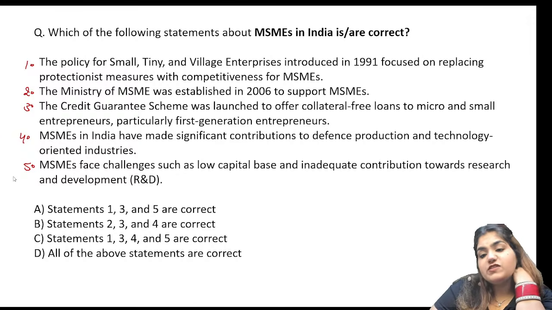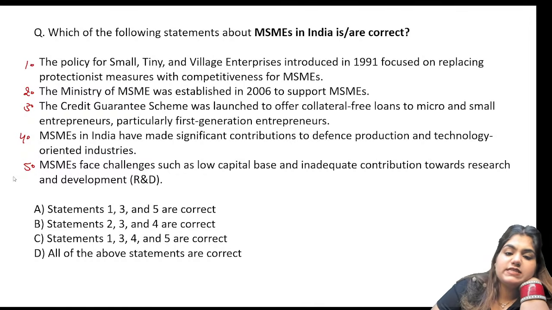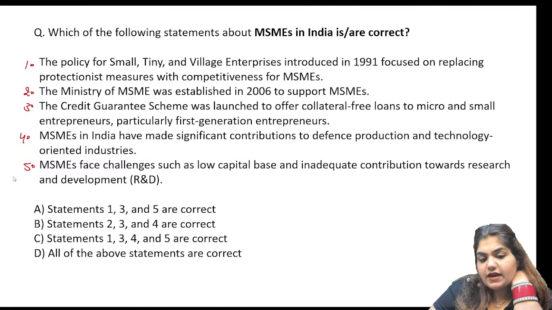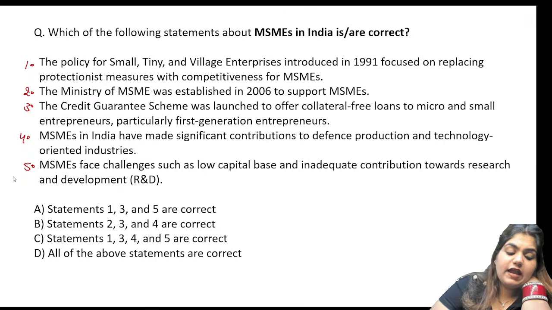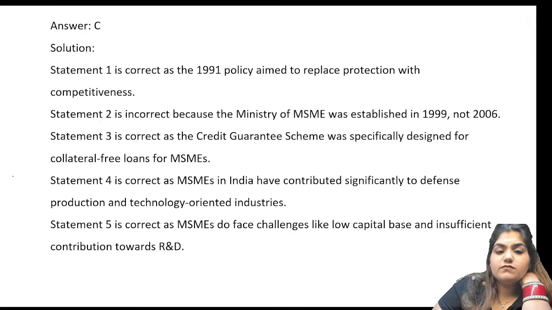The MSME ministry was set up in 1999. The act came in 2006. Third statement is correct, fourth is correct, fifth is also correct. That will give us C as the correct answer.